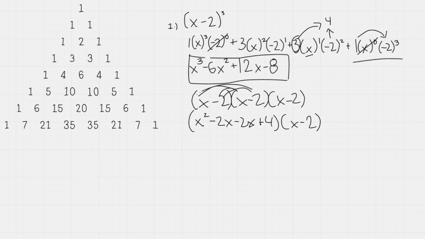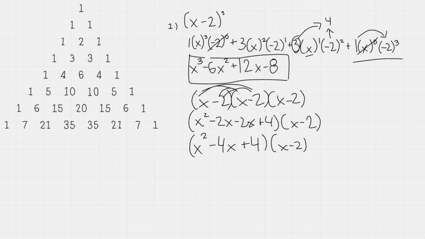Now, we will multiply this trinomial by this binomial, but first, we combine common terms. x squared, negative 2x minus 2x will give us negative 4x, plus 4. Let's copy our x minus 2.